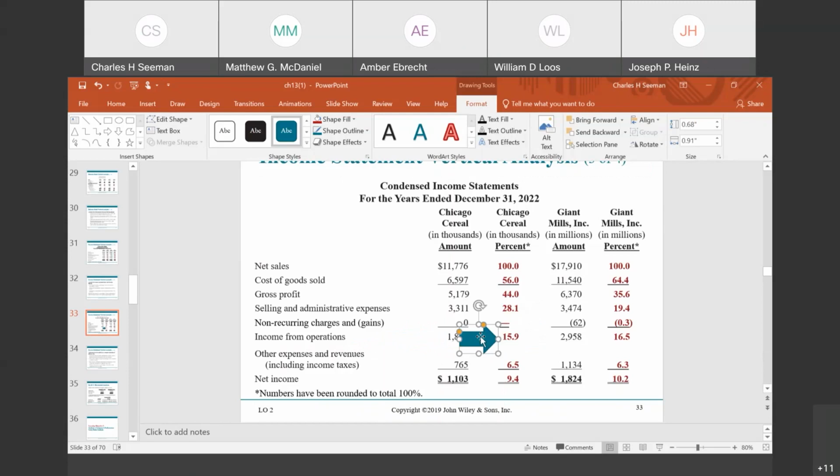Chicago Cereal is generating 15.9 cents as income from operations for every dollar that they generate in revenue. Whereas Giant Mills is generating 16.5 cents in income from operations for every dollar that it's generating from revenue.